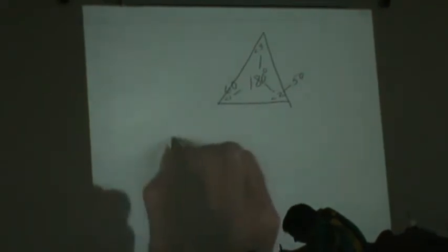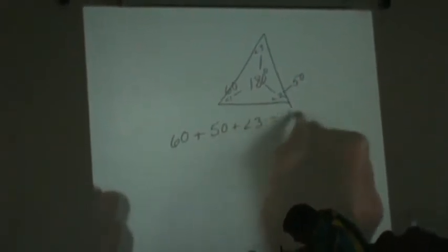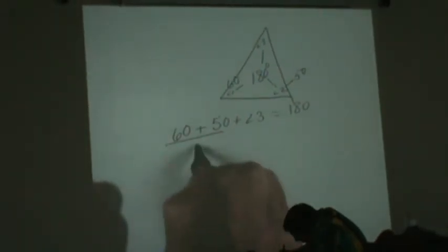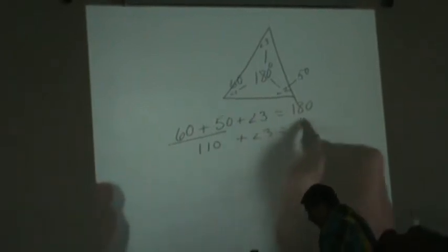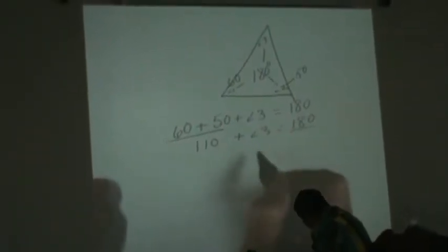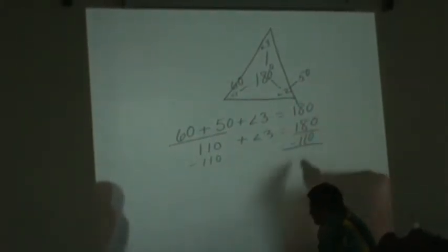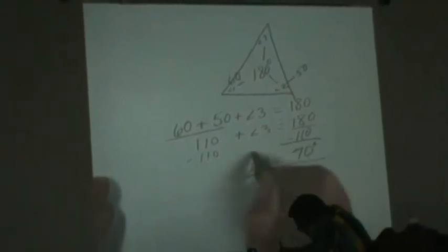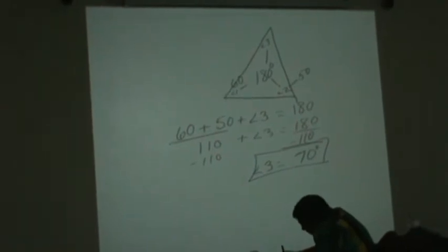Because you know that angle 1 plus angle 2 plus that third angle add up to 180. So this much is 110. So what are you going to add to it to get 180? 70, right. Just subtract the 110 from 180 and you'll say angle 3 is 70 degrees. They all add up to 180.